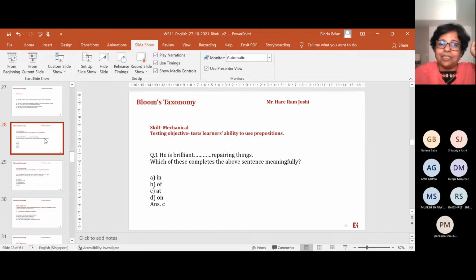Any thoughts on this? Actually, they are supposed to understand the situation. Even in the testing objective, Joshi sir, you said learners' ability to use prepositions. So it's not like they are recalling something automatically.